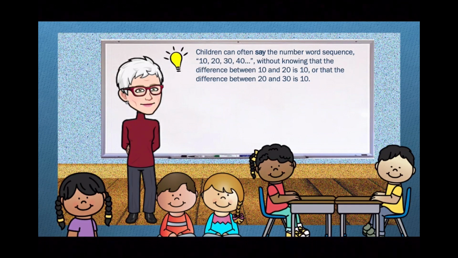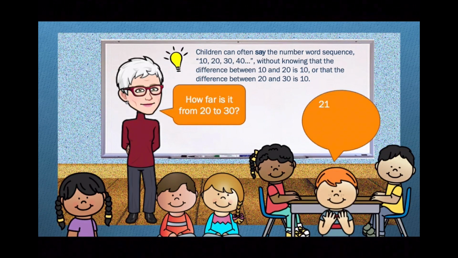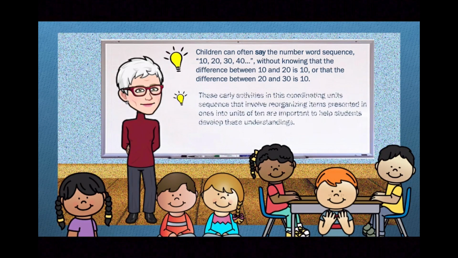It might be like reciting a poem, but it might not have any quantitative meaning. We know this because if we ask a first grader how far is it from, say, 10 to 20 or 20 to 30, the child might have to actually count 21, 22, 23, all the way up to 30 while keeping track on his fingers to know that it's 10.